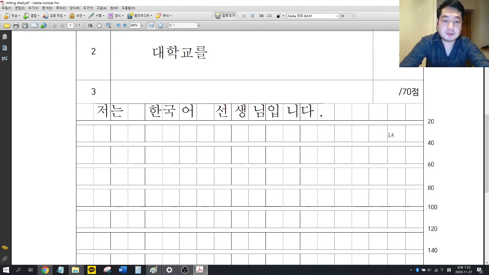And then start right away. 저는 탈린에 살아요. I live in Tallinn. You need to continue like this. 탈린에 살아요.